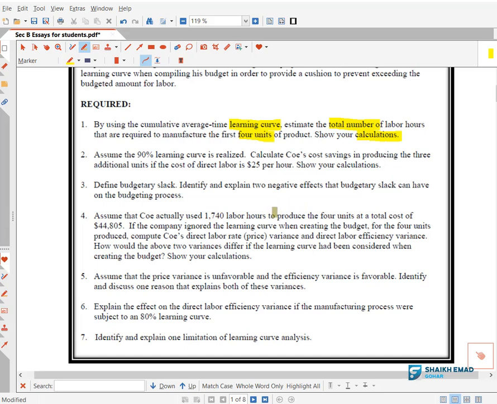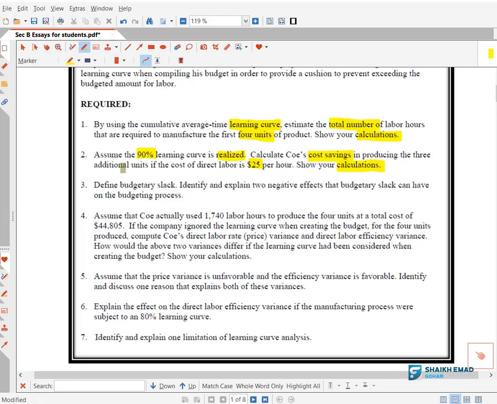Then for requirement 2, they say assume that the learning curve is 90%. I will tell you in a while what is the meaning of 90%. They say assume 90% is realized. It means this happened actually. Calculate the cost savings in producing the 3 additional units, if the cost of labor is 25. Show your calculations. So we need to see the savings. Again some calculation is there.